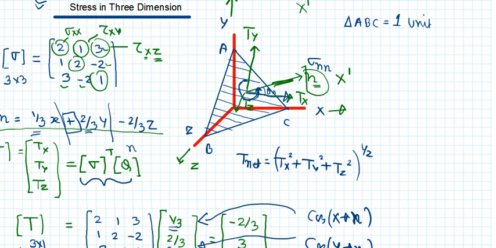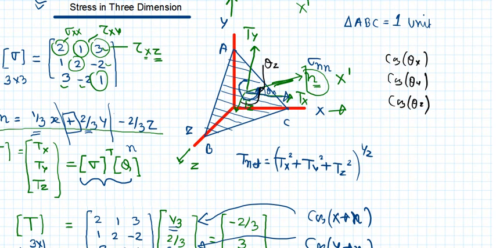Then in the third, what you have to do is find out the angle with respect to the z direction. Now this is the z direction to the normal direction. This will be theta z. So cos theta x, cos theta y, cos theta z are the direction cosines. If you multiply Tx with the direction cosine, it will give you the force in the normal direction.